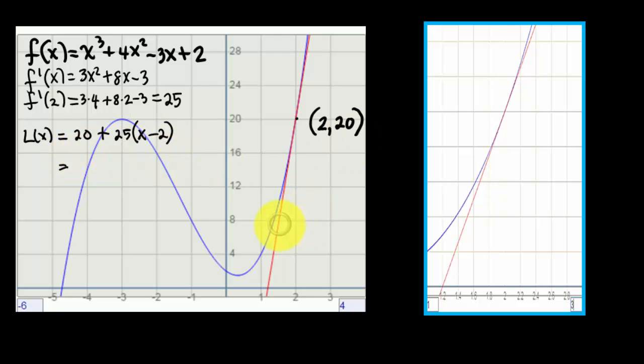So this line tangent to the curve is this red one. It's the red line. And you see that as long as we are making an approximation close to 2, the line is almost coinciding with the blue curve.